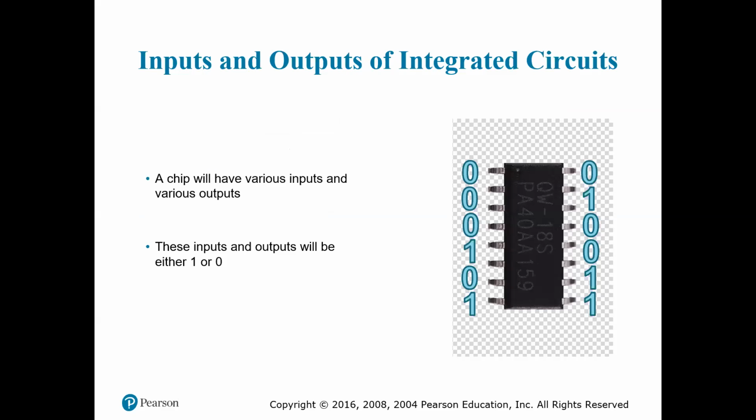Our integrated circuits have a number of inputs, but the values of the inputs will be either 0 or 1. And an integrated circuit can have multiple outputs, and the values for those outputs would be 0 and 1.